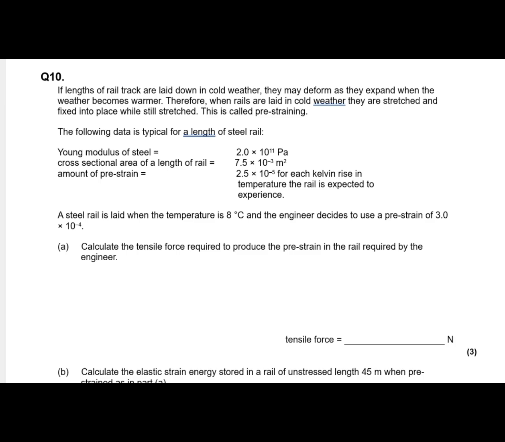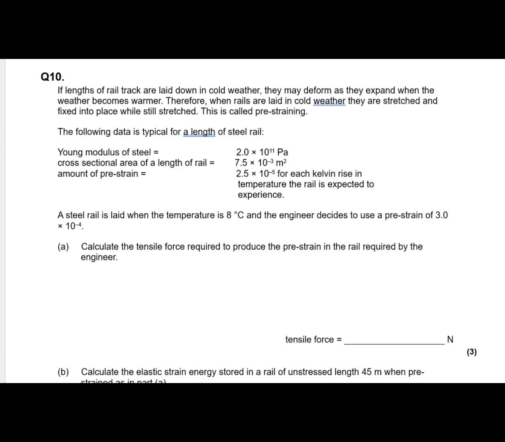So that's saying if it goes up by 1 degree Celsius, you expect an extra pre-strain of 2.5 times 10 to the minus 5. So if the pre-strain was 5 times 10 to the minus 5, that means you're expecting a 2 degree rise. So it's 2.5 times 10 to the minus 5 for each degree rise.